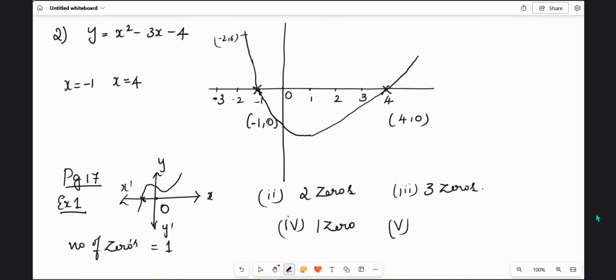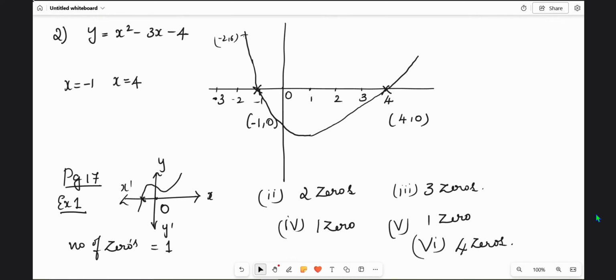Fifth one, 1. Sixth one, 4 are there: 1, 2, 3, 4. So we have 4 zeros.